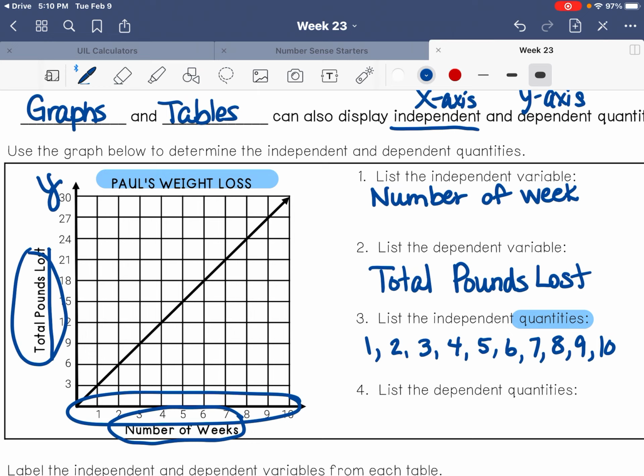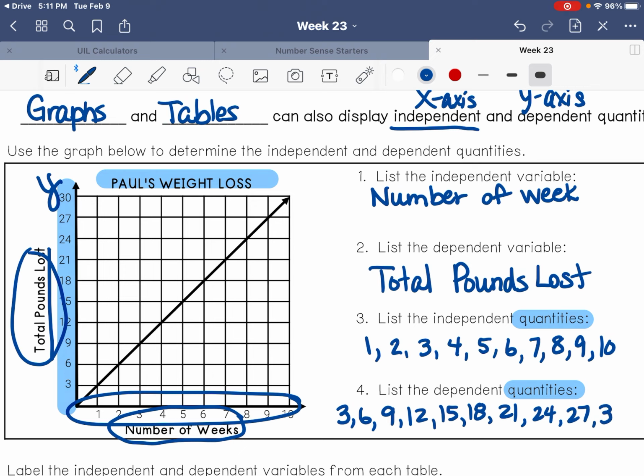Okay. And then the last question here, number 4, says list the dependent quantities. Those are these numbers right here on the y-axis. We just list those numbers: 3, 6, 9, 12, 15, 18, 21, 24, 27, and 30.